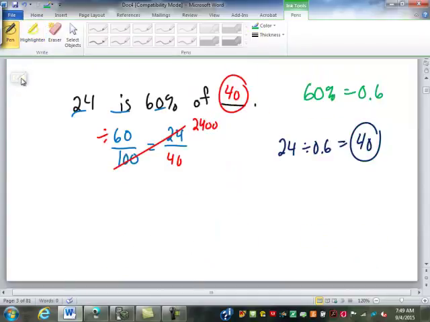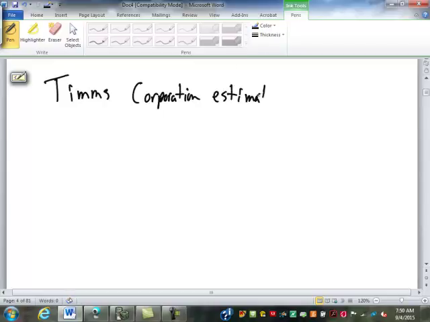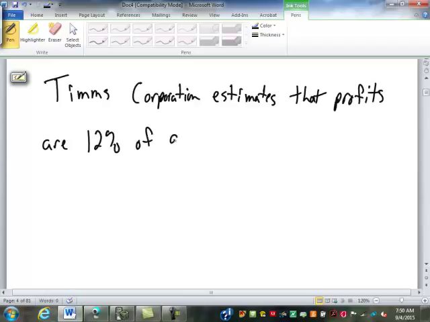The other thing I like about the proportion is it helps us when we're doing word problems. For example, let's say that Tim's Corporation estimates that profits are 12% of gross monthly sales.